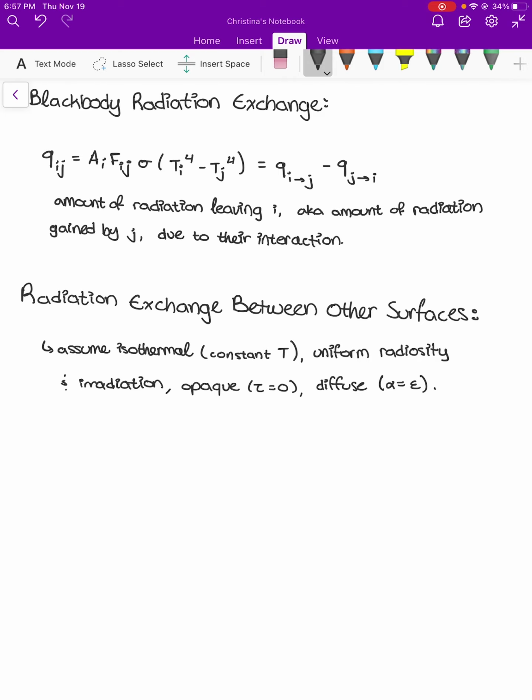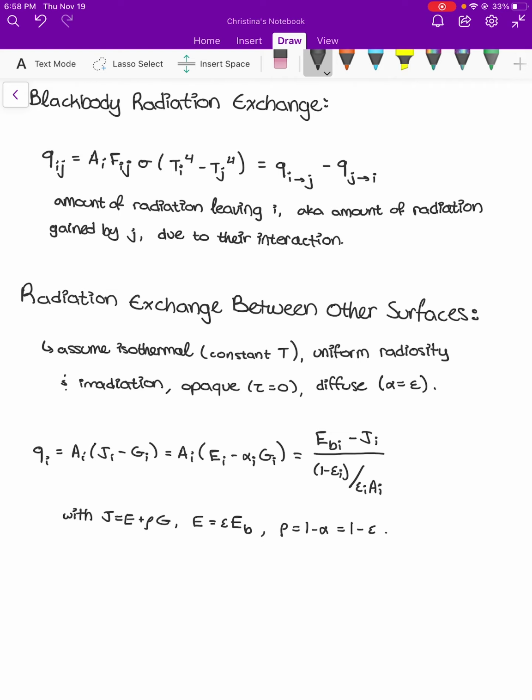These three equations have been related to each other through the use of J = E + ρG, E = εE_b, and ρ = 1 − α, which is equal to 1 − ε, because there is no transmissivity and because α is equal to ε.